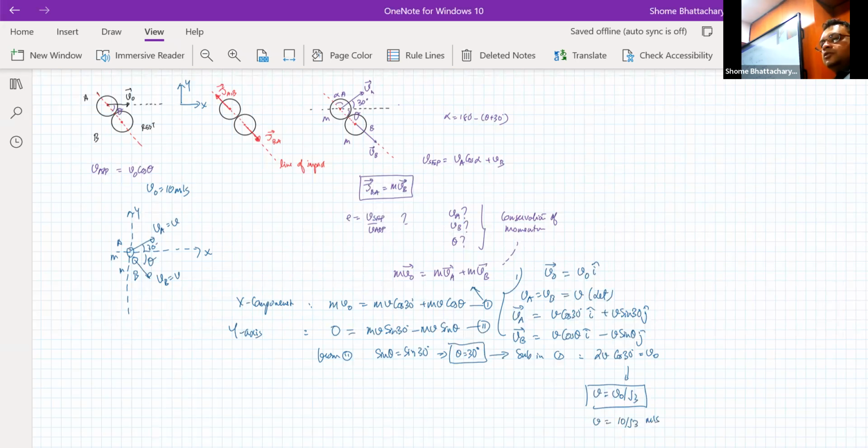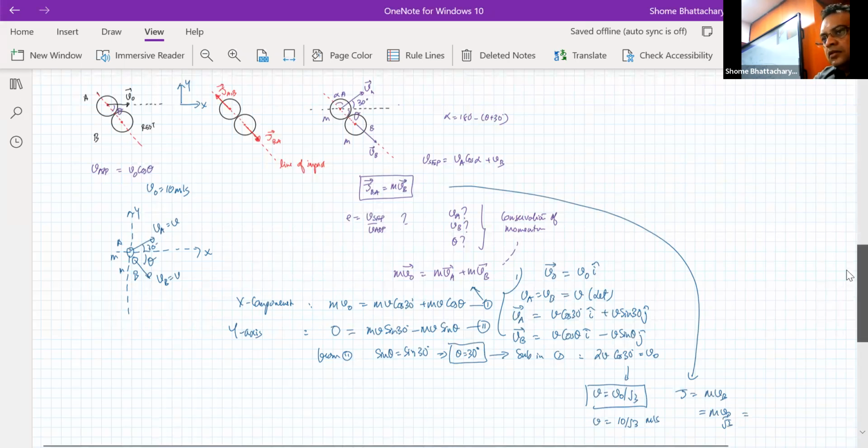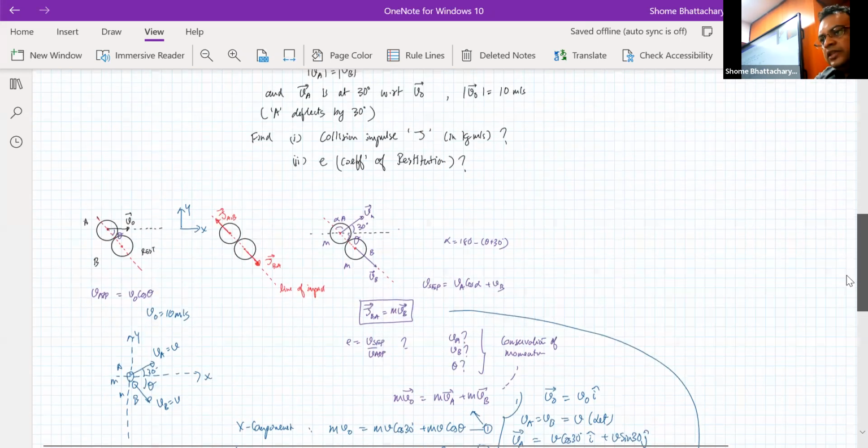So from this now we can also see the collision impulse. The collision impulse will be mVB in magnitude, so that is mv naught by root 3. I think we have taken m as 1 kg, right? Yeah, m was 1 kg each and v naught was 10 meters per second.